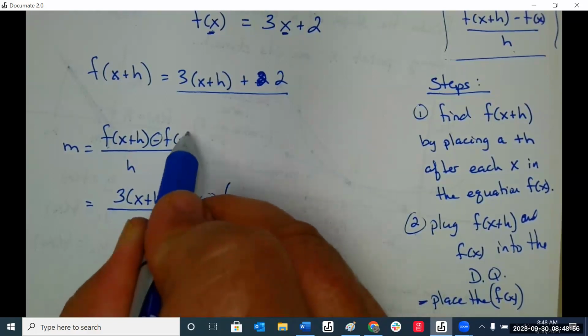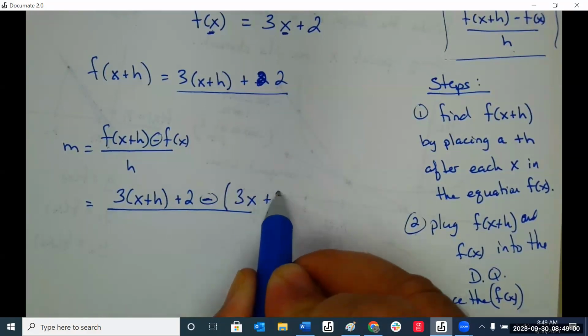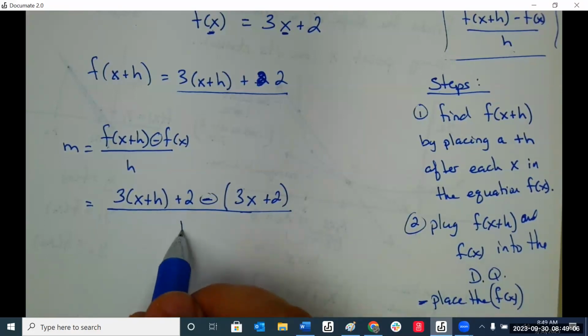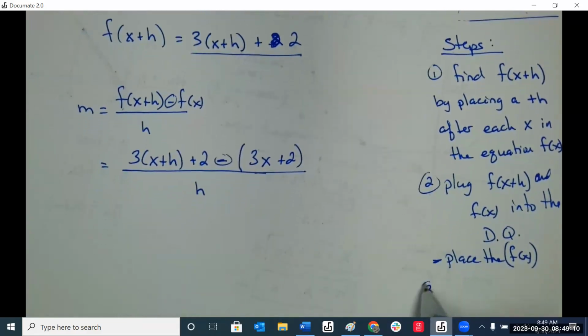So now we plug in the f of x, which is 3x plus 2, all over h. And then simplify.